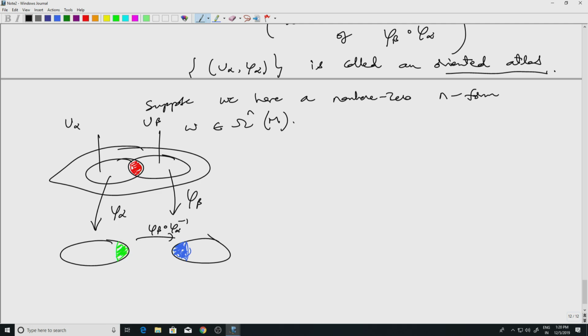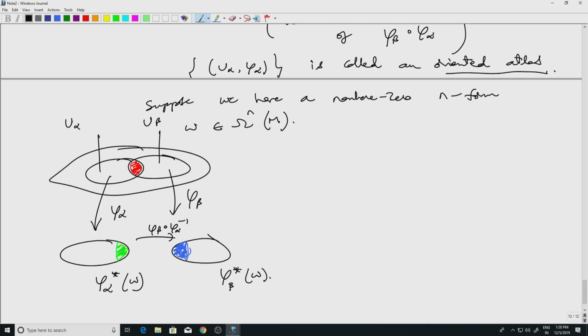Well, what I can do is pull back the form. Omega is on the whole manifold, so I can pull it back to get phi alpha star omega here, and here I get phi beta star omega.